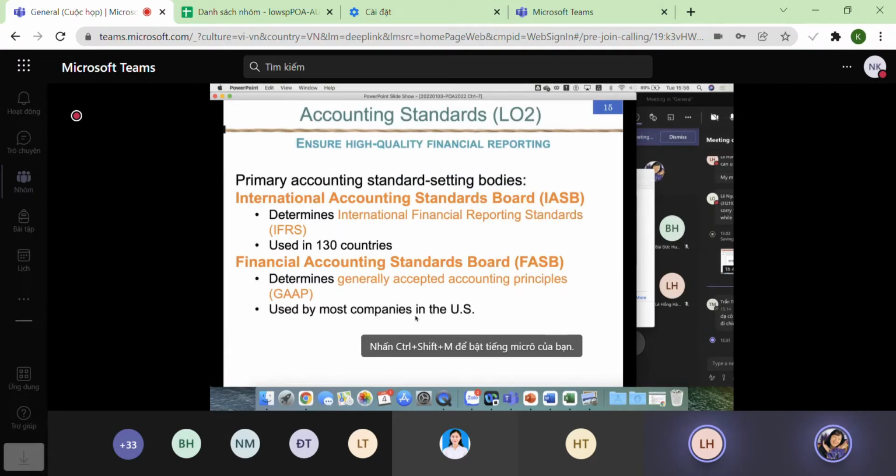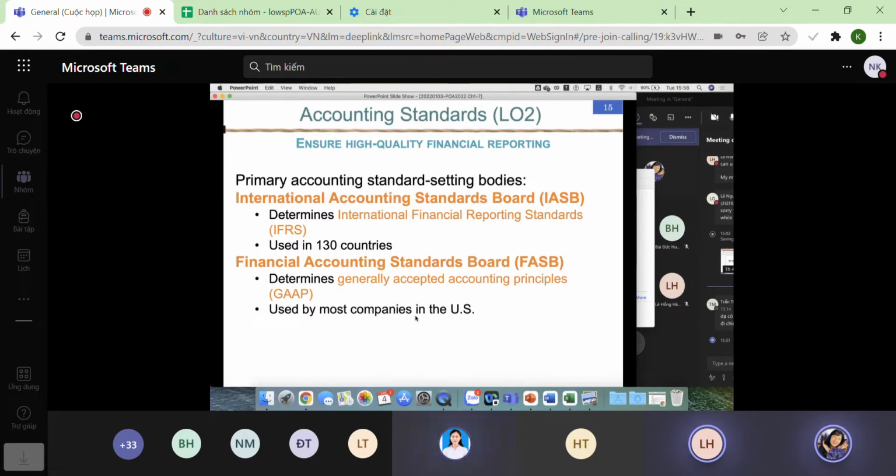And how about the Vietnamese accounting system? Based on what? Based on IASB or FASB? Based on IFRS or GAAP to build up, to set up the accounting system in Vietnam?